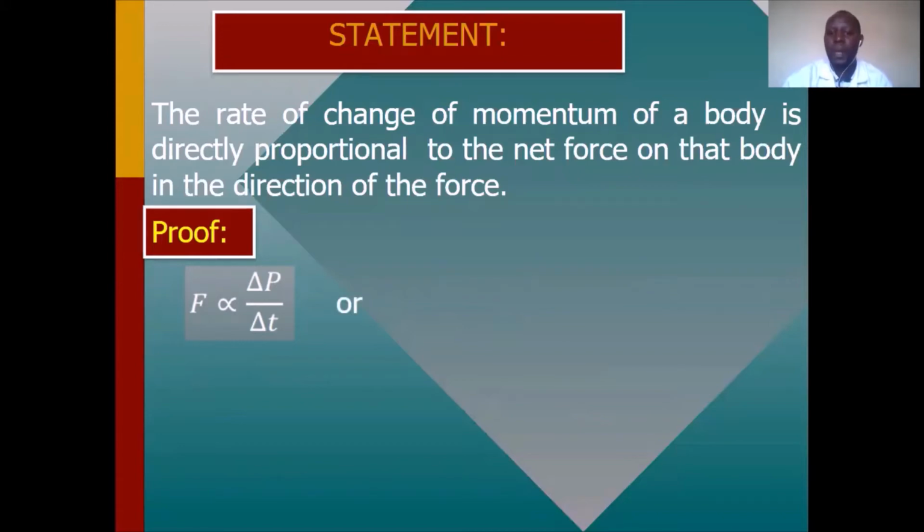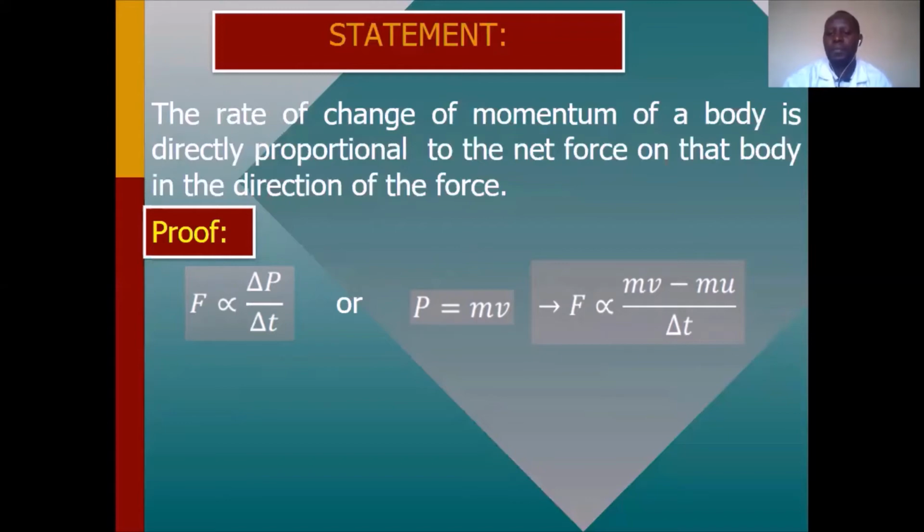The momentum is equal to mass times velocity. Then the force will be proportional to the final momentum minus initial momentum, that is the change of momentum, divided by the change of time.